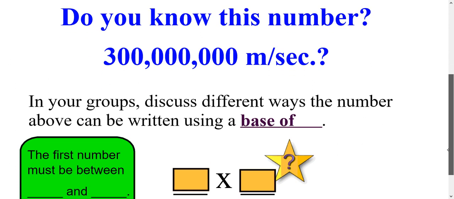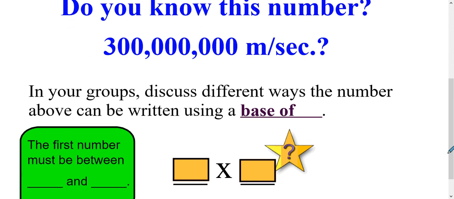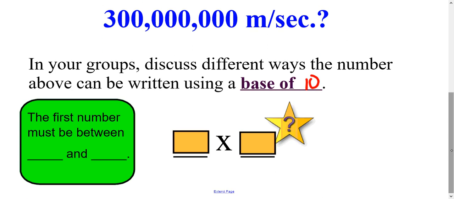Do you know that this number is 300 million? 300 million could be expressed using a base of 10. And if you really just think about the rules, the first number is always this first number. This is a rule right here.